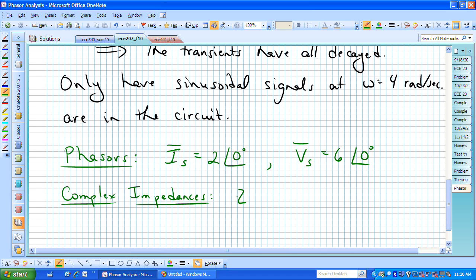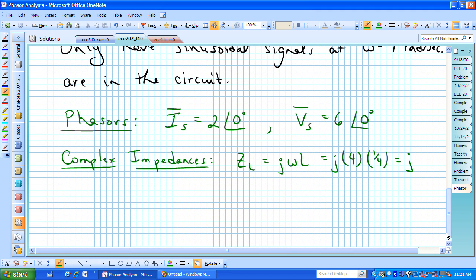The impedance of the inductor for sinusoidal steady state is j omega L, omega being the frequency, L being the inductance value, 4 times 1/4, and so the impedance of the inductor for this frequency is simply j. The impedance of the capacitor is 1 over j omega C. That's now 1 over j times 4 times 1/4.